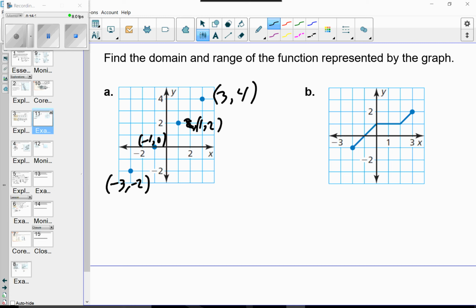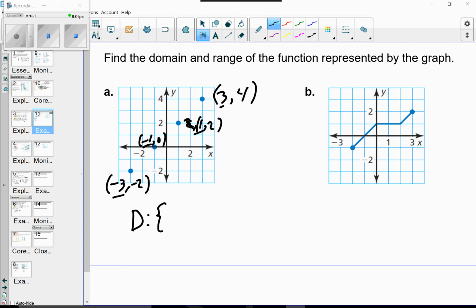So if we look at these ordered pairs, all of the first coordinates, these are x's. So I'm going to say that my domain, and sometimes you can just abbreviate the word domain with the letter D, that's going to be the easiest way to do it. Our domain for this particular problem is going to be, and I'm going to write these in what's called set builder notation.